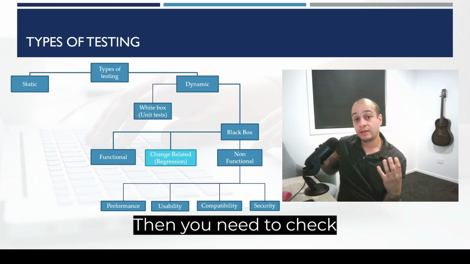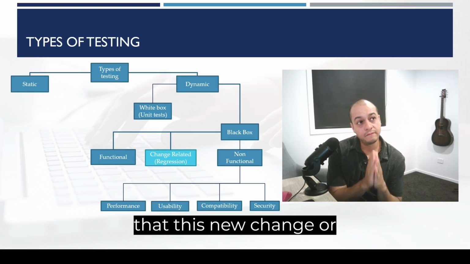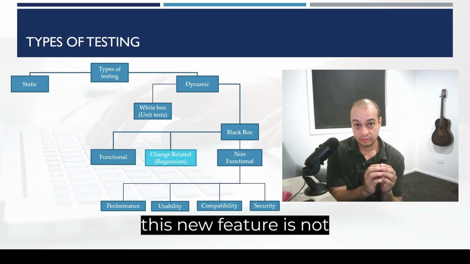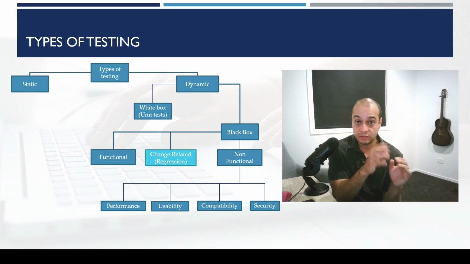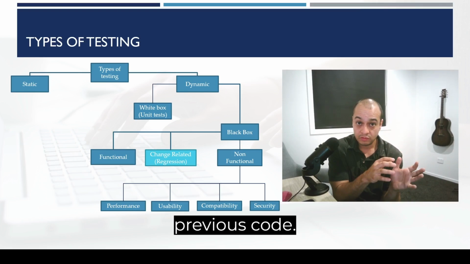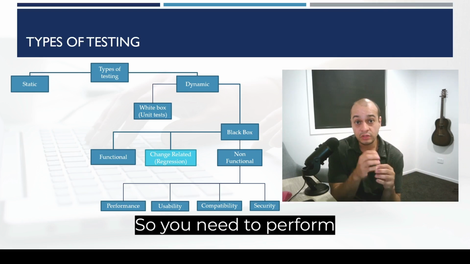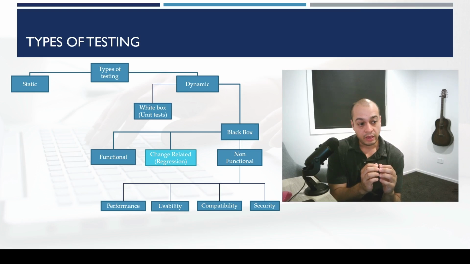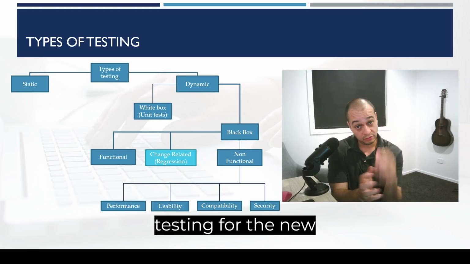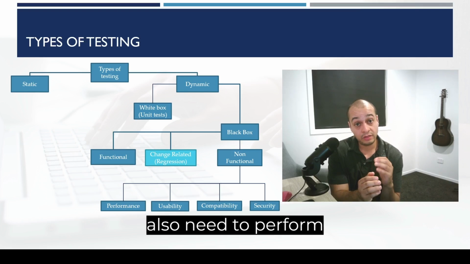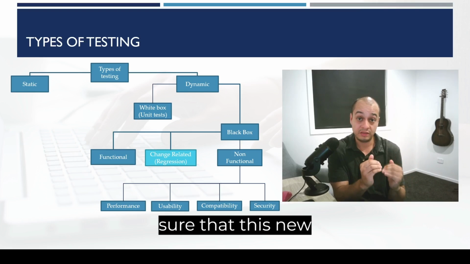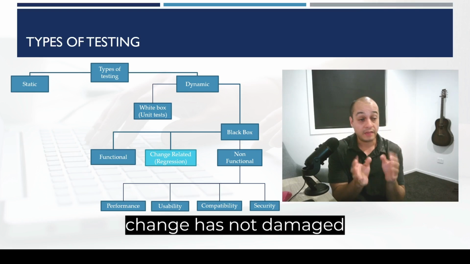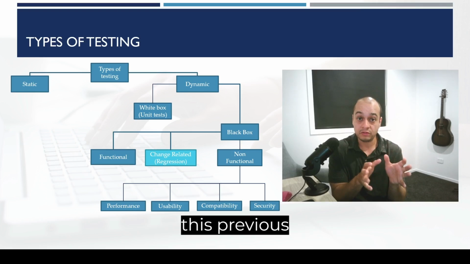Then you need to check that this new change or new feature is not affecting the previous functionality. It's not affecting the previous code. So you need to perform testing for the new functionality, and you also need to perform testing for the old functionality to make sure that this new change has not damaged the previous functionality.